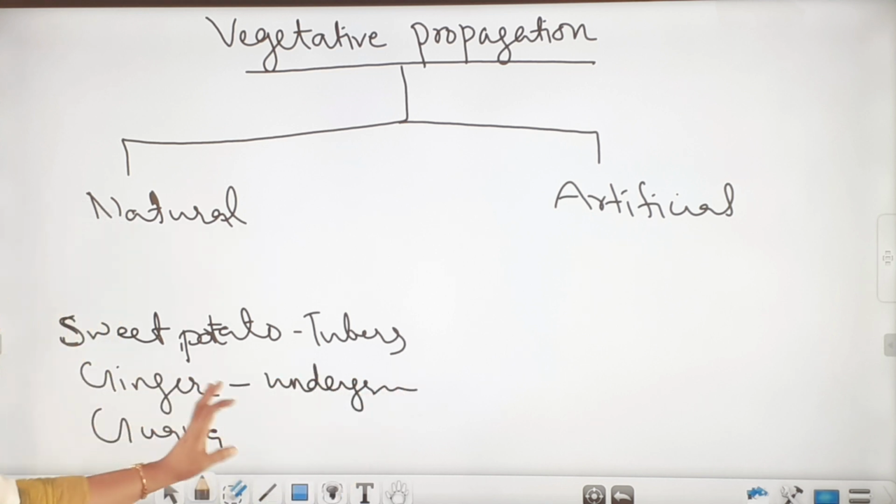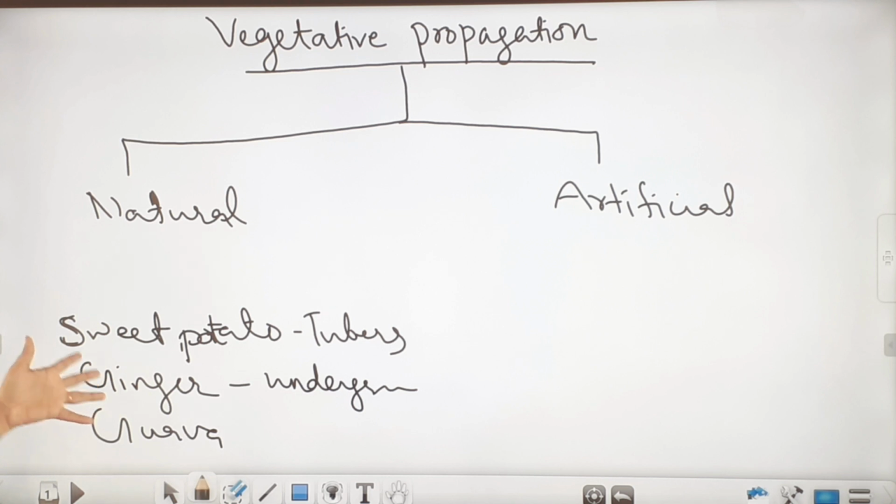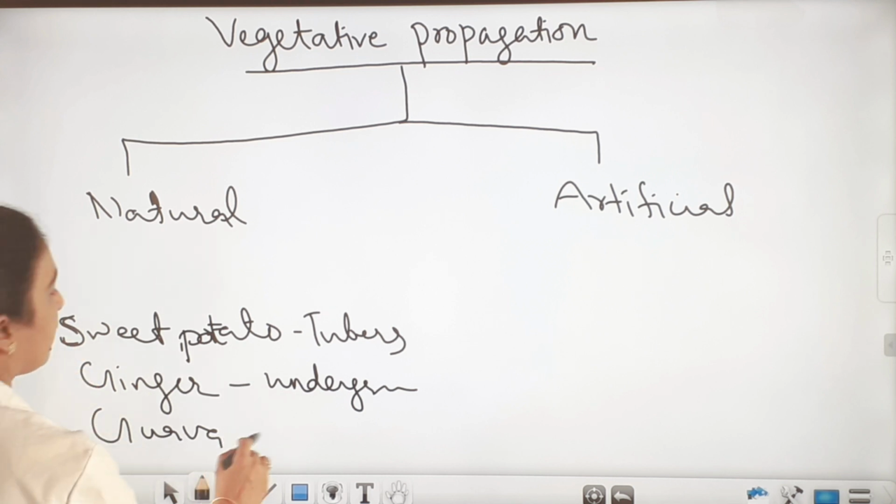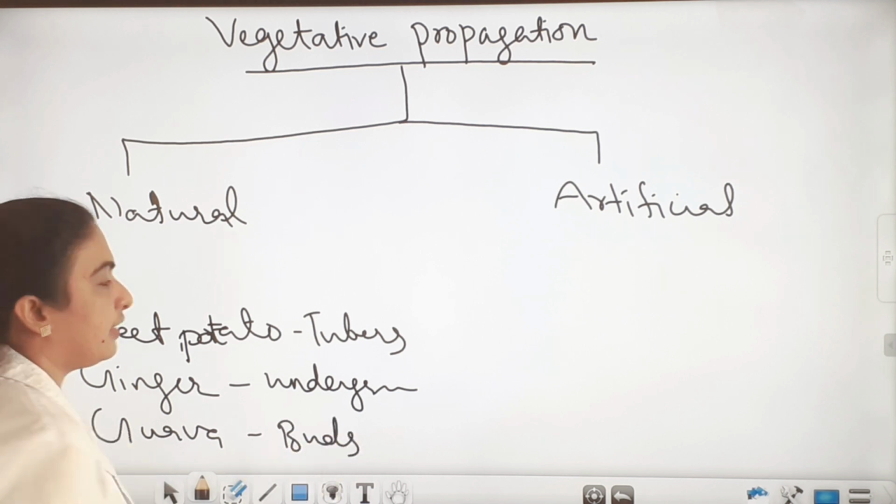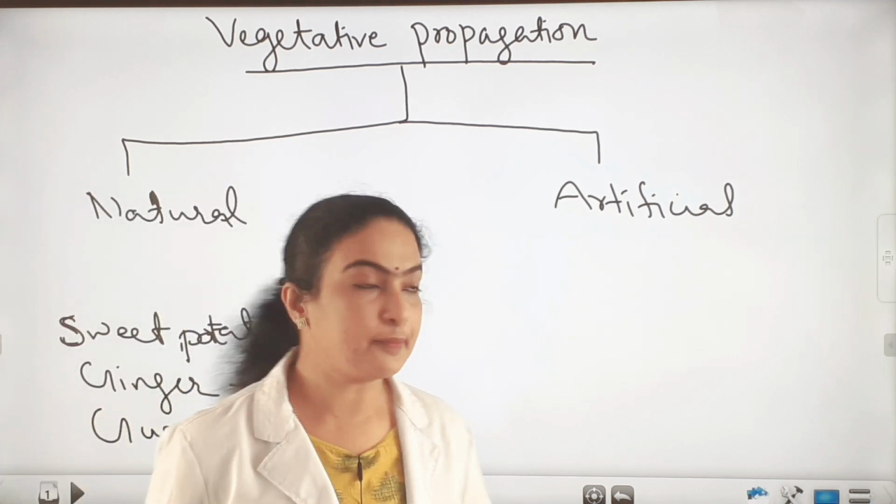From the underground stem it can multiply into a new plant, and guava can produce offsprings from the buds of the parent plant.